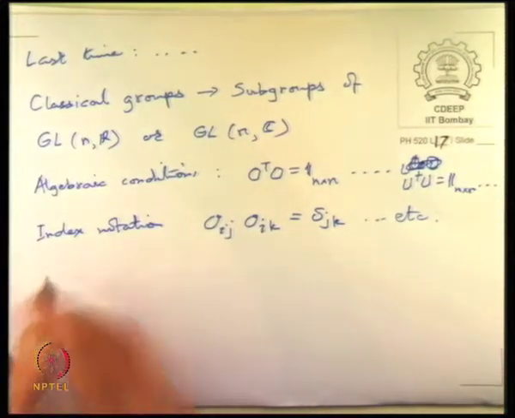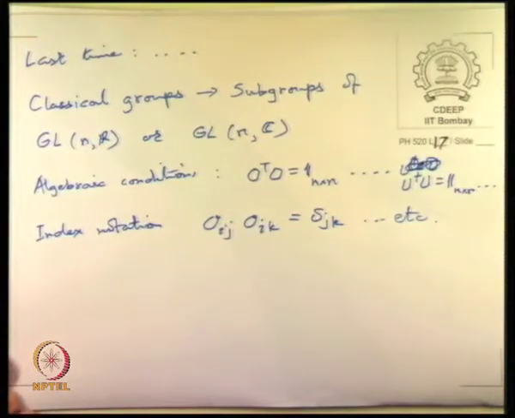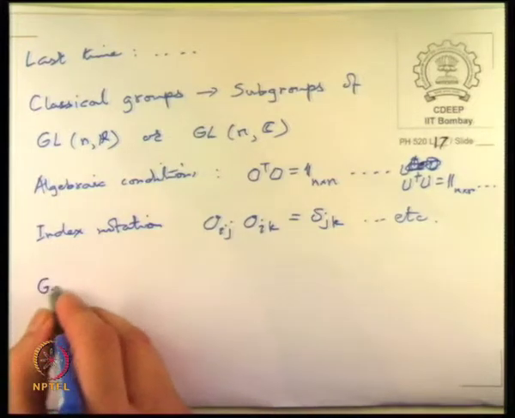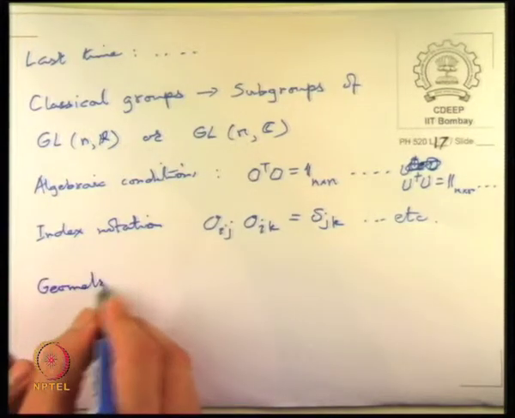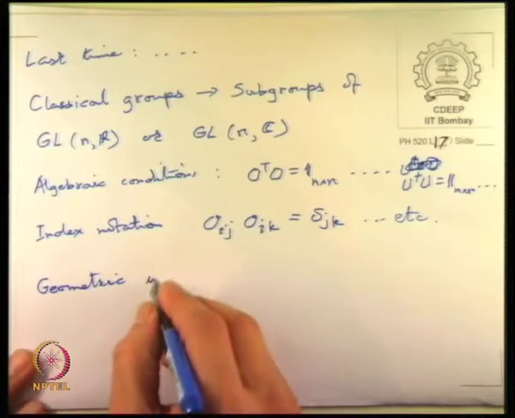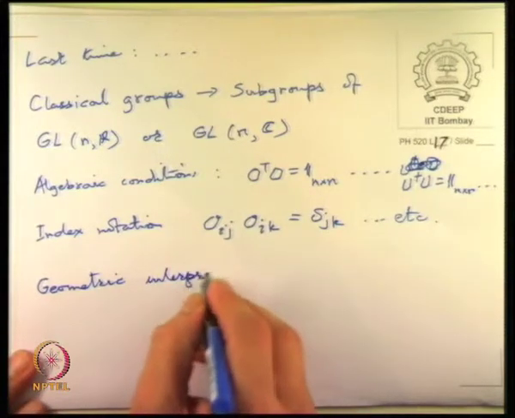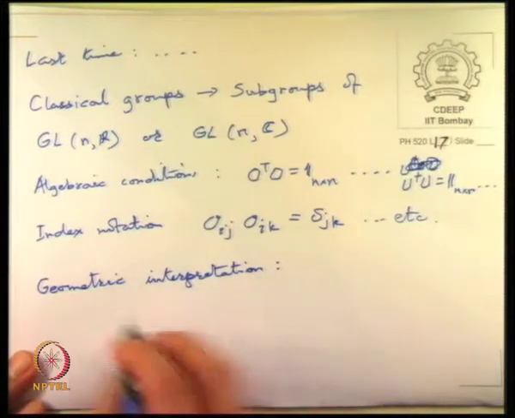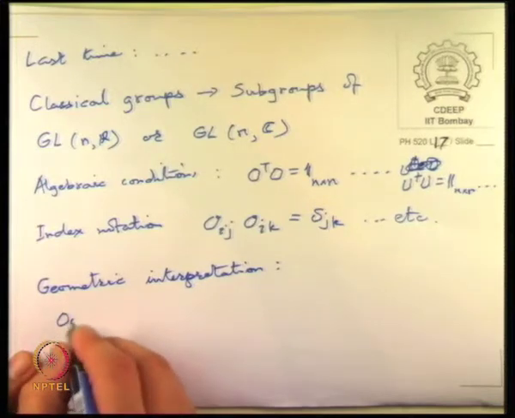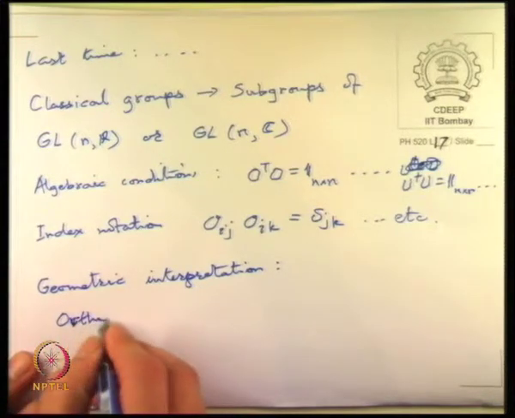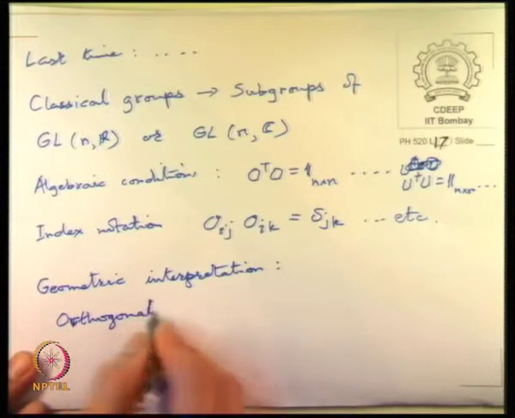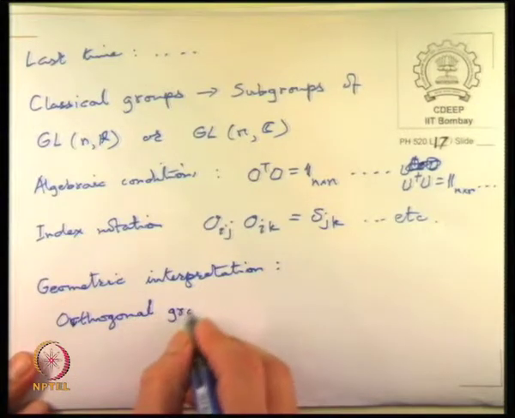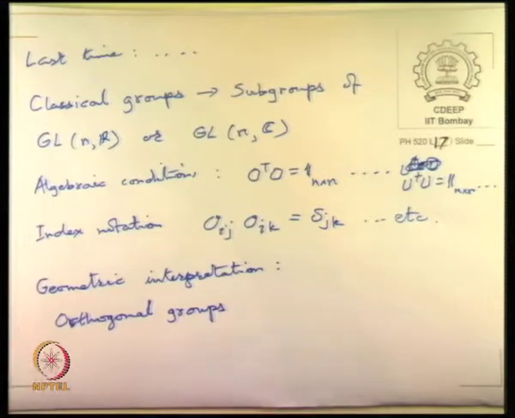And most interestingly, we also had a geometric interpretation, which is that orthogonal groups preserve the Pythagorean metric.